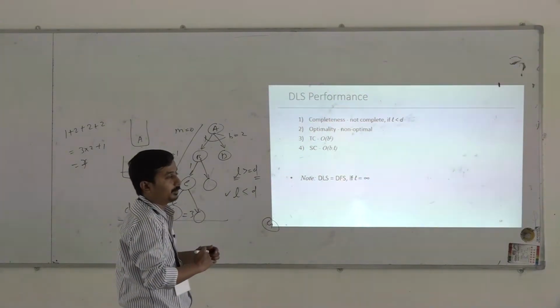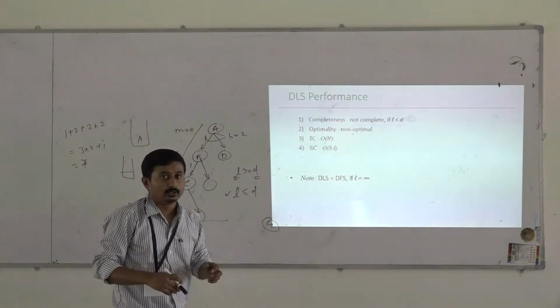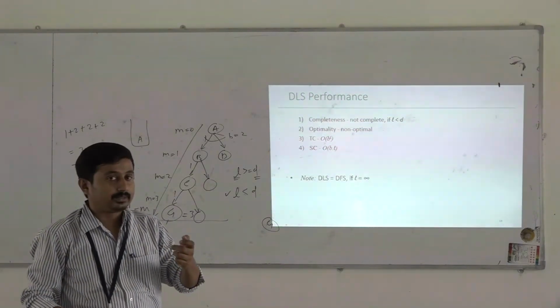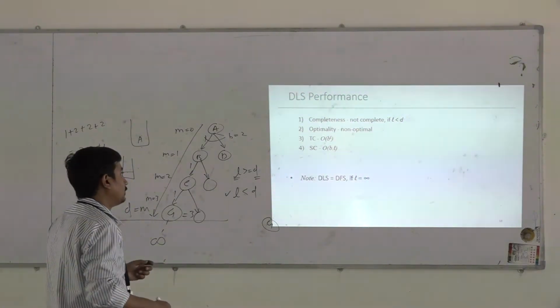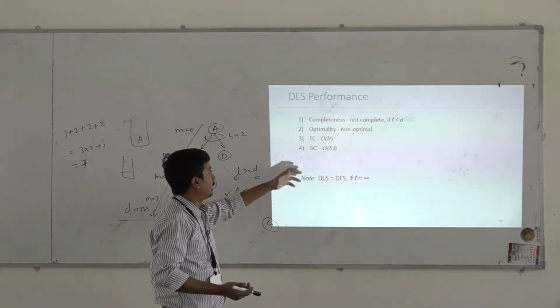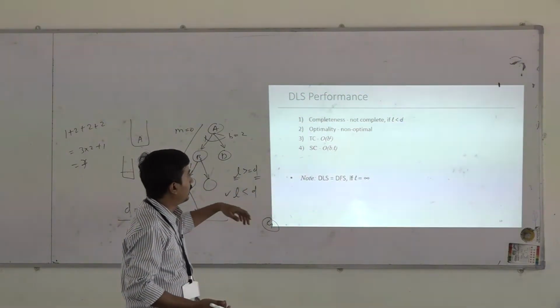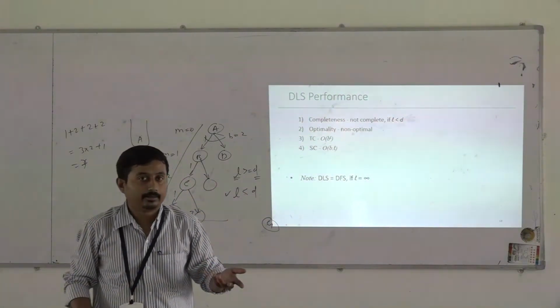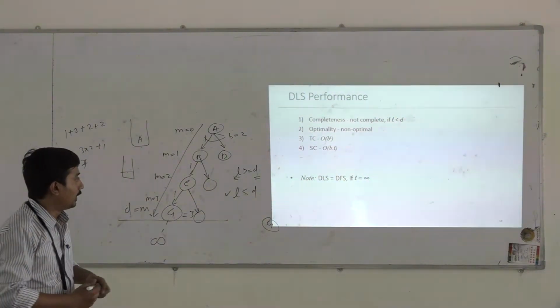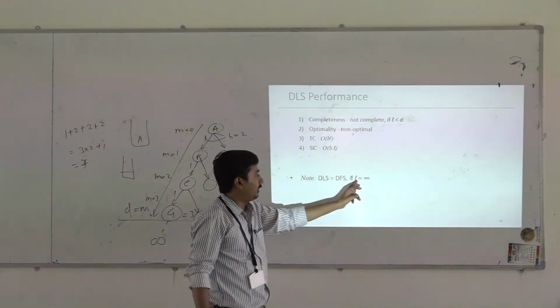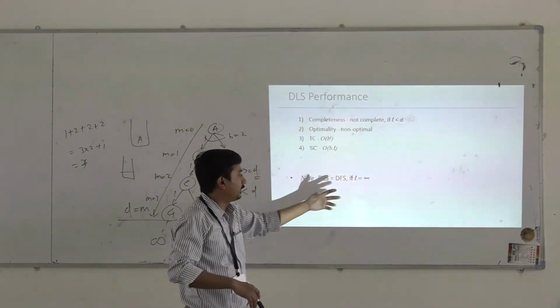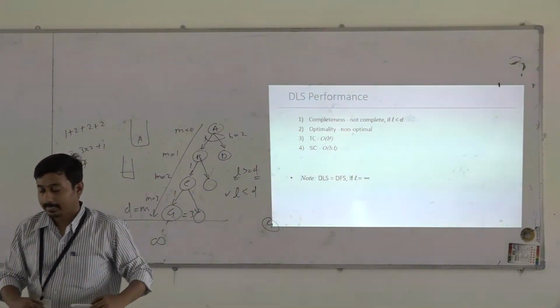So the difficult part in DLS is to decide the value of L. Obviously it is not optimal, just like the DFS algorithm. Now time complexity: m is replaced by L. If the depth limit is infinite, DLS will be DFS only.